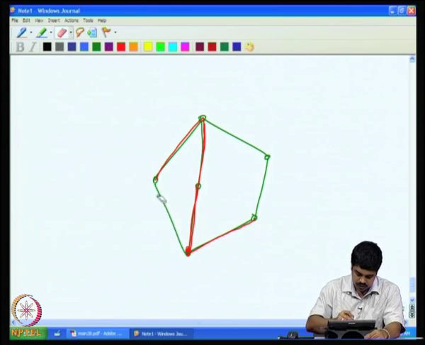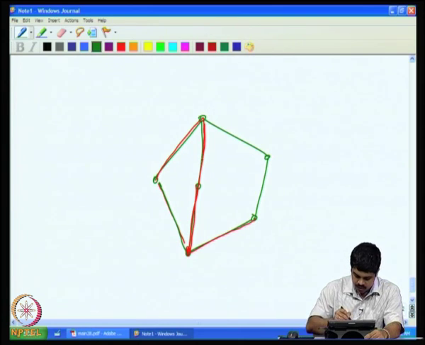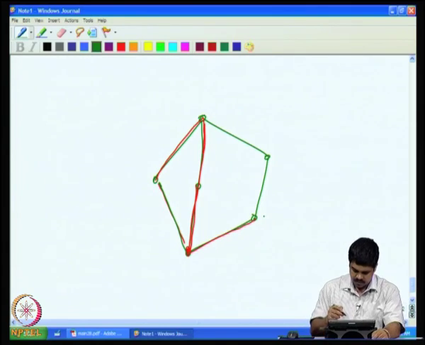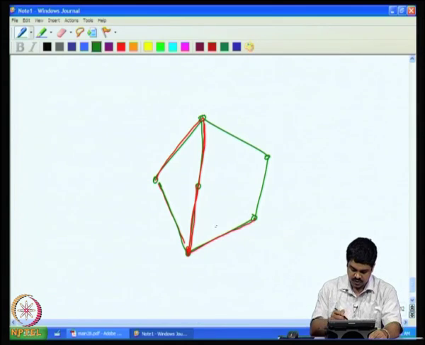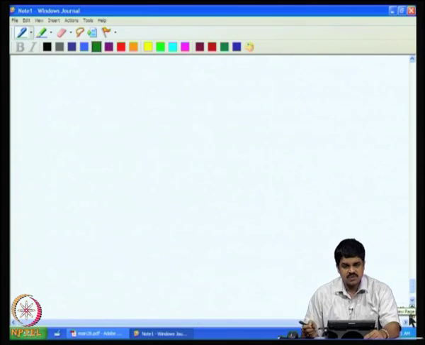Or if you do not start from here, then if you go from here, you will end up coming here. So, with some trial and error we can see that it is not possible to find a Hamiltonian circuit here, because without re-entering one of the vertices, you cannot come back to the same place, right. So, what are some obvious situations where Hamiltonian circuits cannot be present?